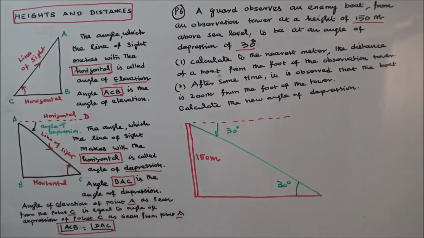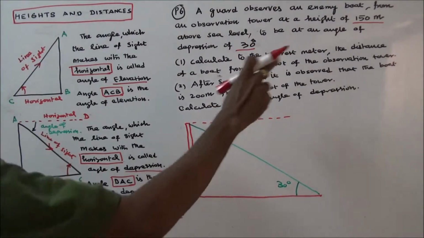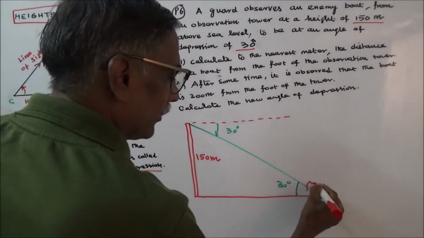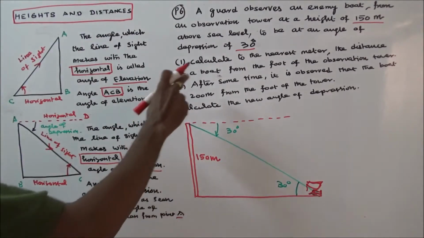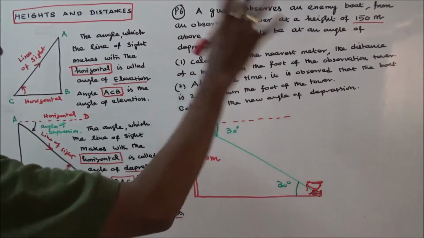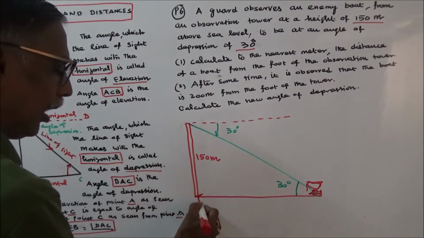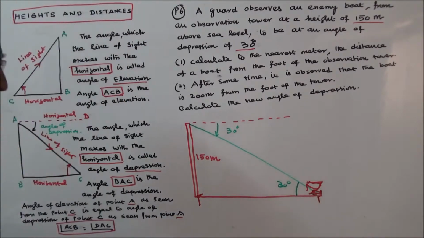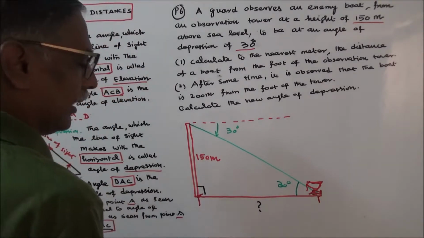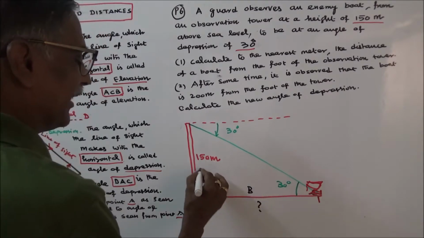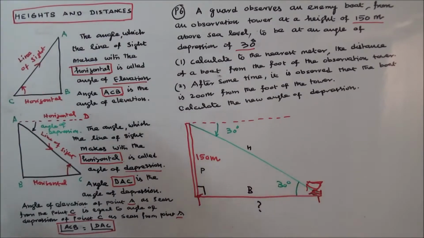First question: calculate, to the nearest meter, the distance of the boat from the foot of the observation tower. What is this distance? Very simple. This is a right angle triangle with a base, a perpendicular, an acute angle and a hypotenuse.